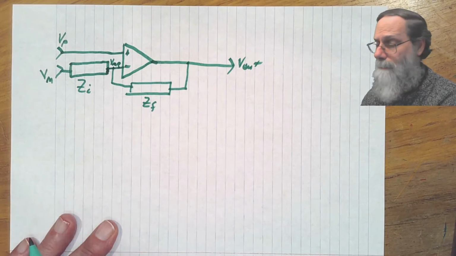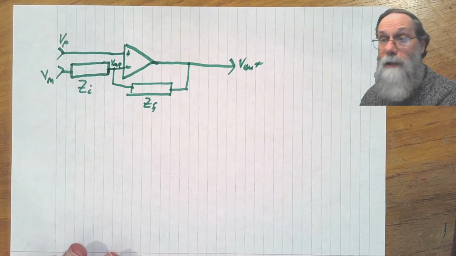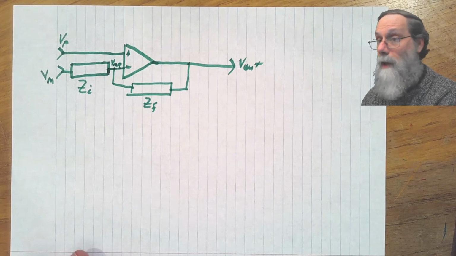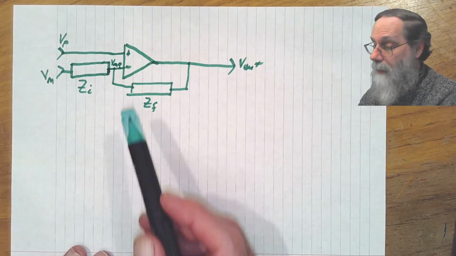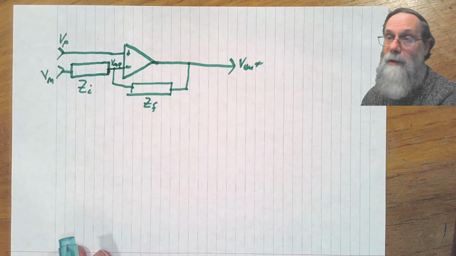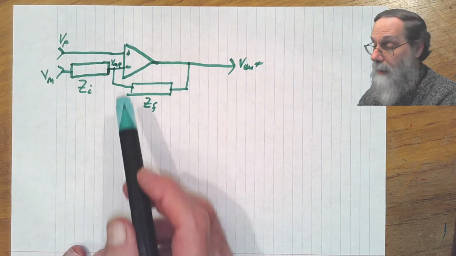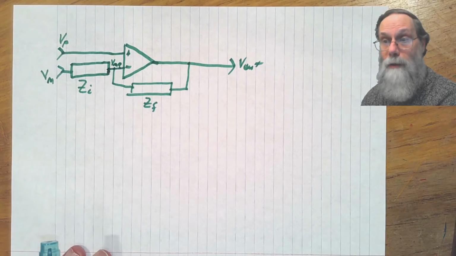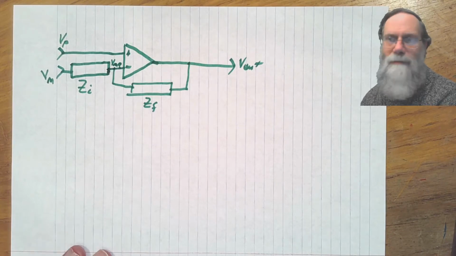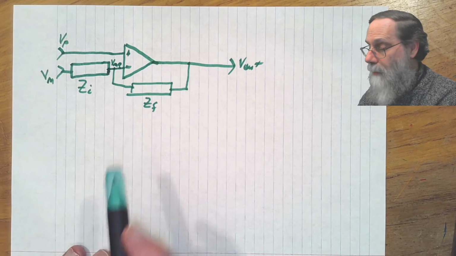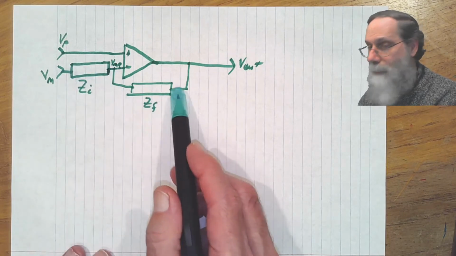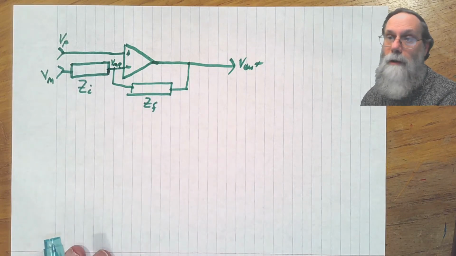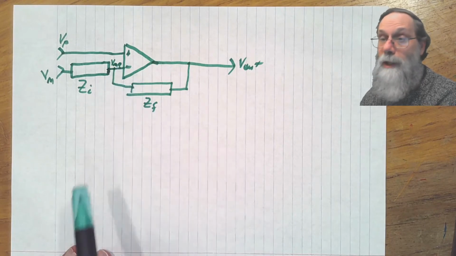What's it doing? And one of the nice things about using op-amps as our building block here is that the op-amp has some really nice characteristics, like the inputs to the op-amp don't require any current. They don't take current, or negligible amounts. And so this pair of impedances here, there's no current coming from the point in the middle between them.